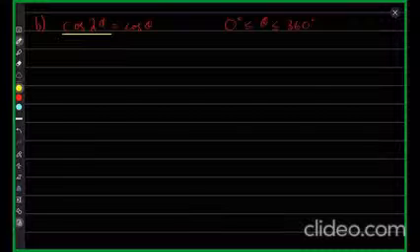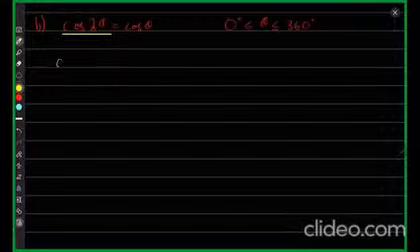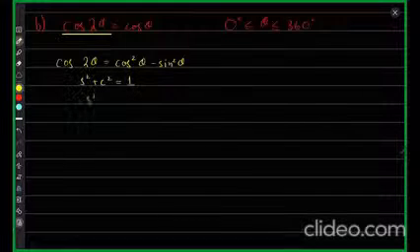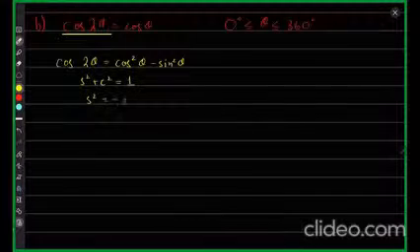I know that cos 2 theta was basically equal to cos squared theta minus sine squared theta, and I know that sine square plus cos square was equal to 1. So sine square would be equal to minus cos square plus 1.